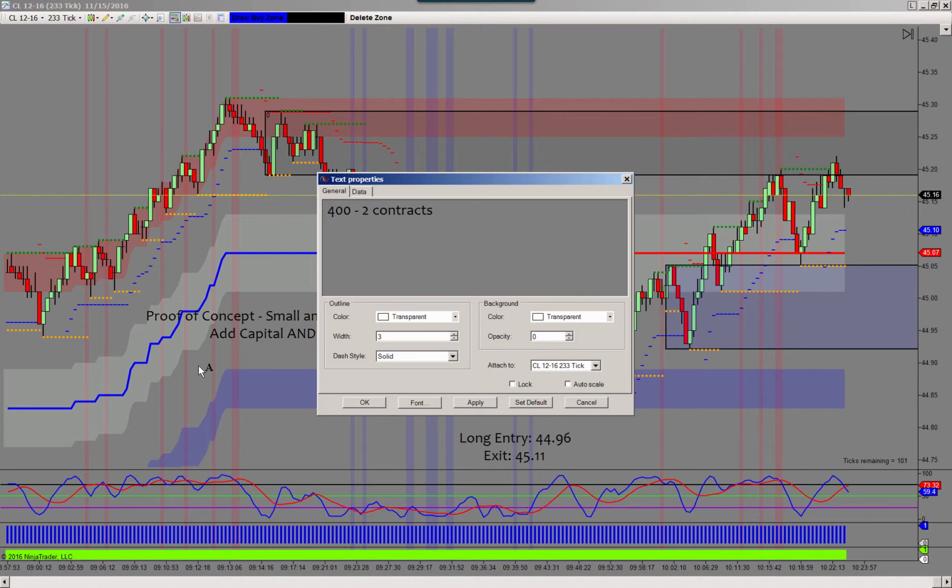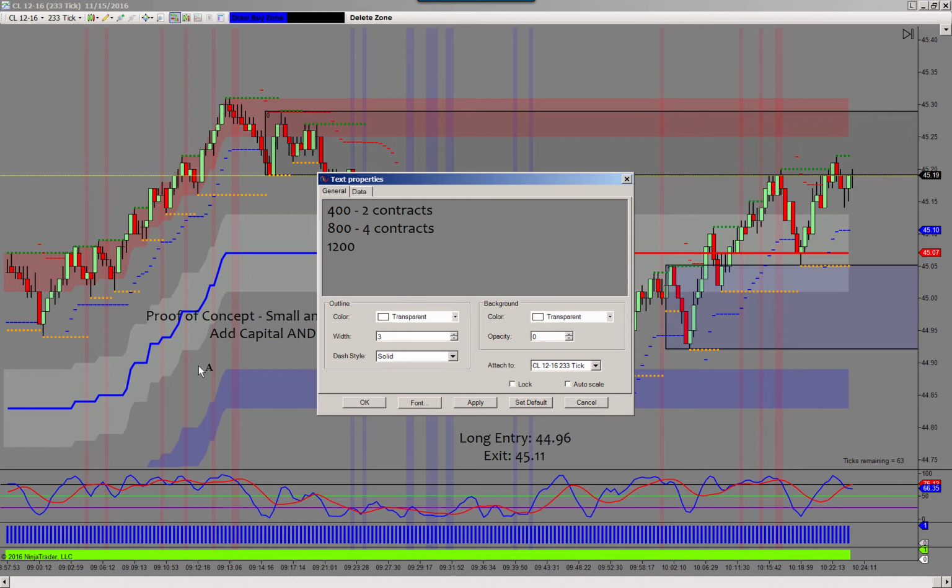On my other account, I double this size. I made $800, 4 contracts. It's a $1,200 day. You guys feel differently now? That's a decent amount of money. Right? 3 hours?